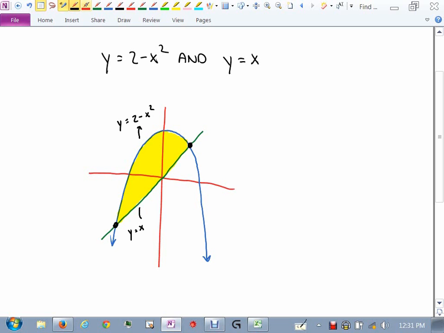So how do we find the intersection? We set them equal to each other. 2 minus x squared equals x, which means x squared plus x minus 2 equals 0, which means (x plus 2)(x minus 1) equals 0. So our two solutions are 1 and negative 2. That seems to look right, doesn't it?